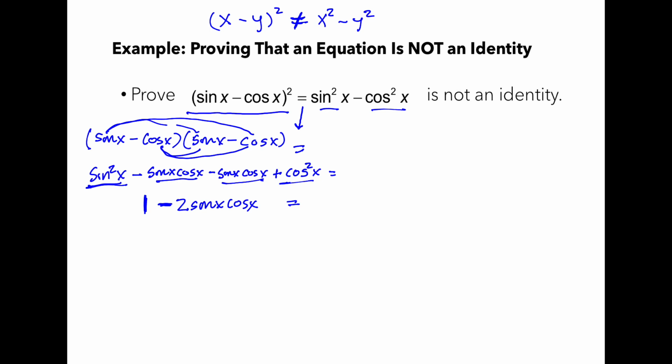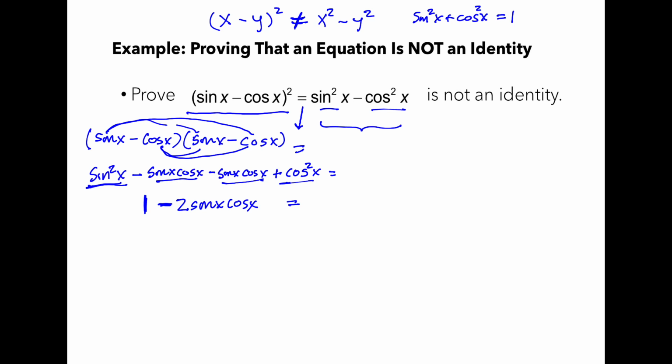So now I might turn to this side and ask, are there ways for me to simplify what I have over here? I know that sine squared x plus cosine squared x adds up to give me 1. And this gives me a way to rewrite sine squared x.